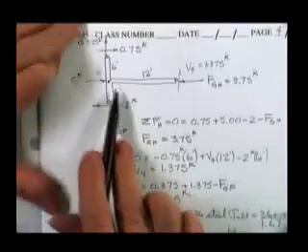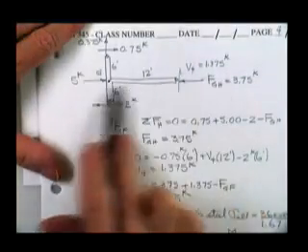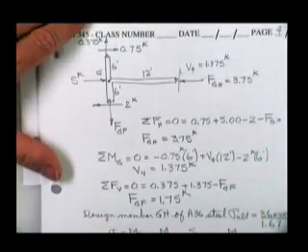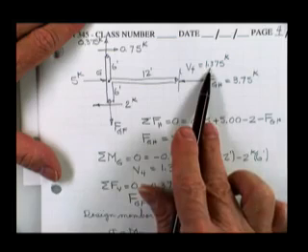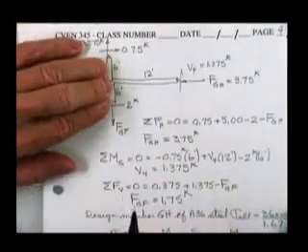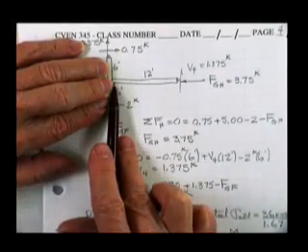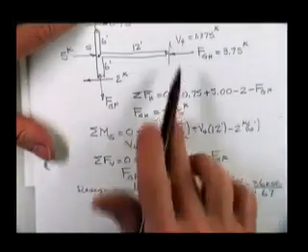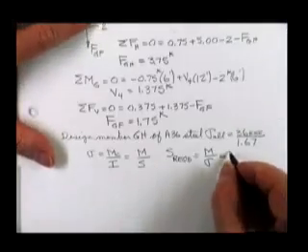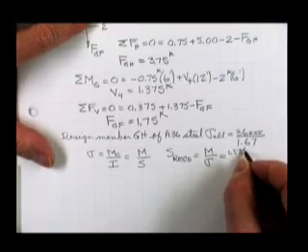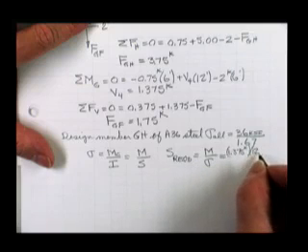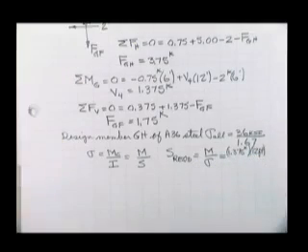What is the bending moment on member GH? 1.375 times 12 feet. In other words, you see the free body right here. It's a shear applied to the beam, and it causes a bending moment at this point. And therefore, 1.375 kips times 12 feet. You really should always put your units in there because you'll see these feet hanging out.